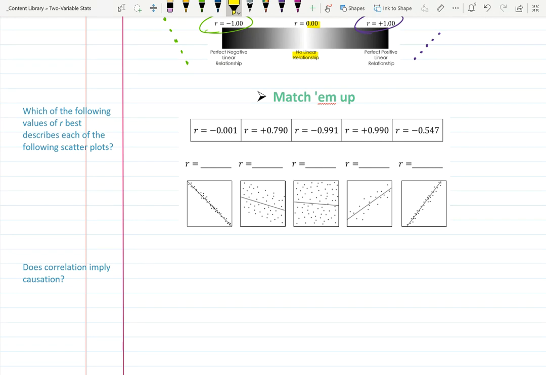Looking at this one, I have a very strong correlation. Now, slope, is it going up or down? We're going down, so this is a strong negative correlation. It's not perfect, they don't make a perfect line, but they're very tightly clustered around that line. So a strong negative correlation would be this -0.991.